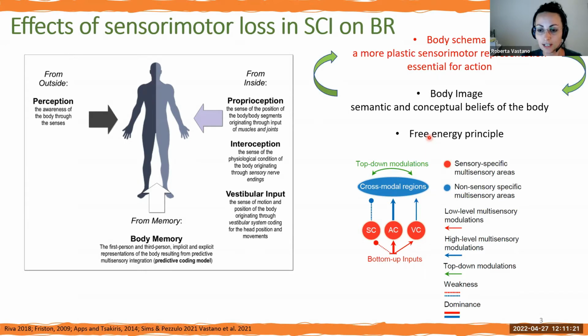So this can generate some form of embodiment that is not lost. And this could be the case if you think of phantom sensations in amputees. So the embodiment is preserved in those clinical participants despite the amputation.